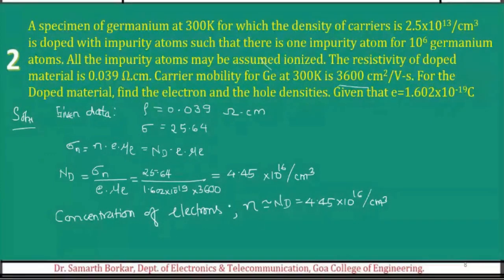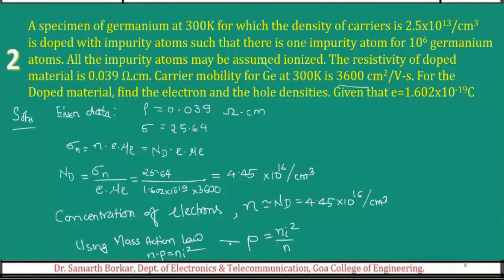So if I want to calculate the value of P, it will be Ni square upon N using the mass action law. What it says is that the product of Np is equal to Ni square. So if I substitute the values, Ni is 2.25 into 10 to the power 13 raised to 2, divided by n.